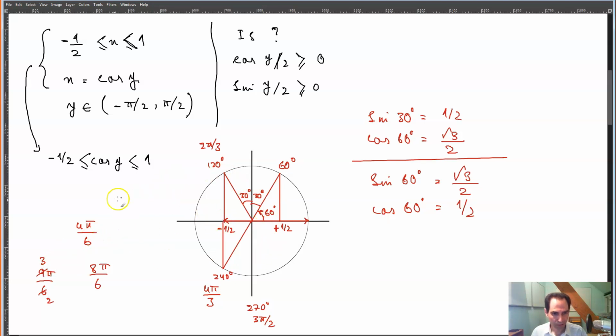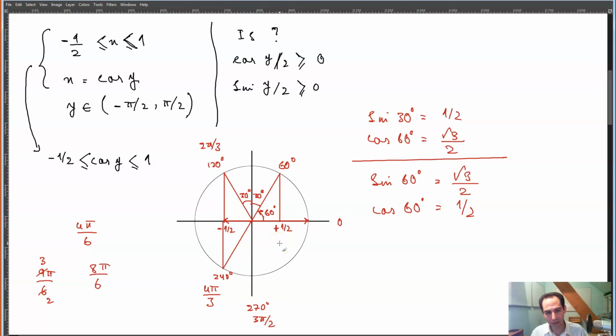So for the value of the cos of y to be between negative 1/2 and 1, the angle y can go from 0 to 2 pi by 3, and it can go in the other direction from 0 to this angle, which is basically negative pi by 2 minus, for example, pi by 6.